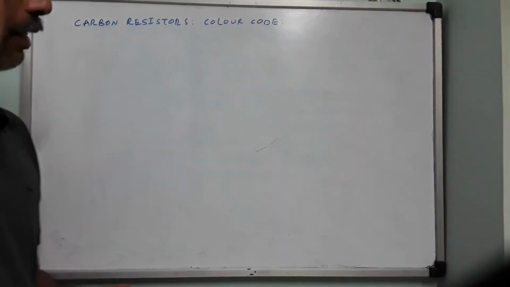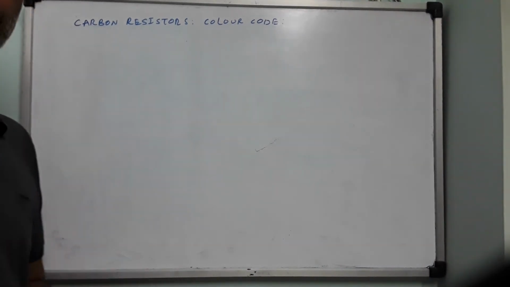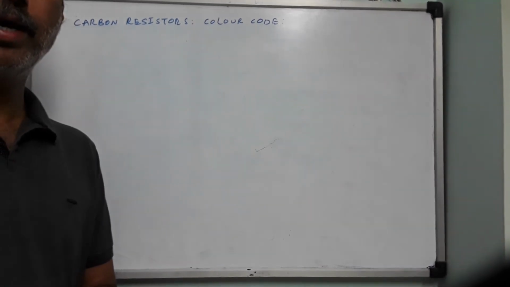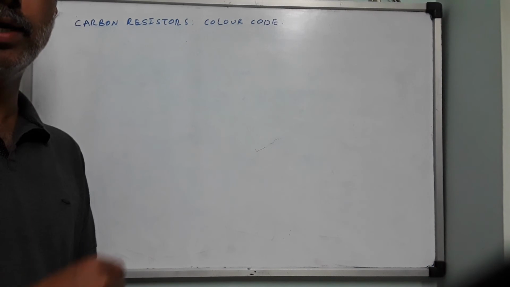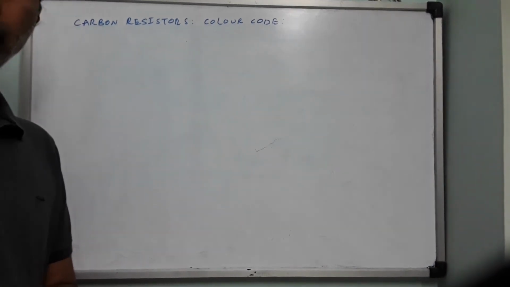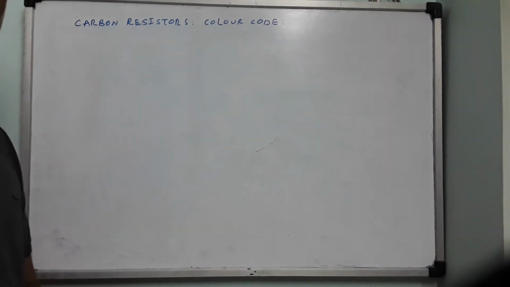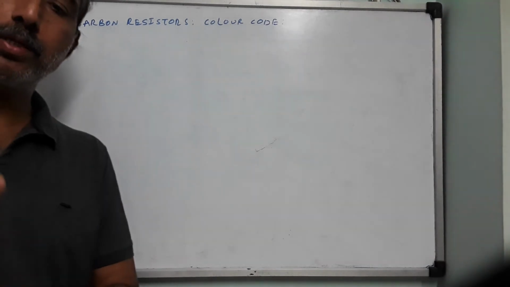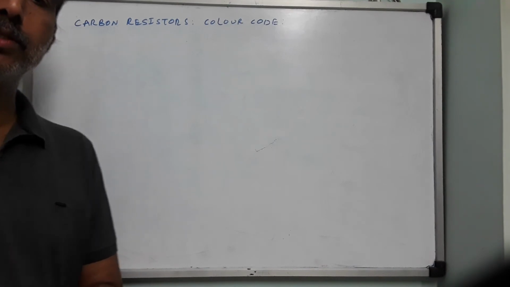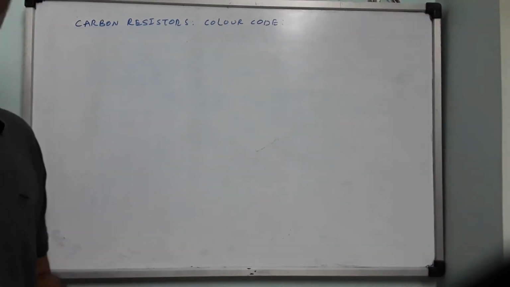Carbon resistors are generally cheaper as compared to the wire wound resistors. That's why in many electronic applications we use carbon resistors. Carbon resistors are very small in size. That's why to calculate their resistance we use color code.